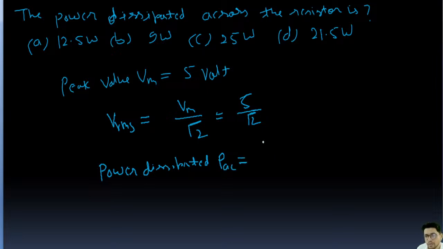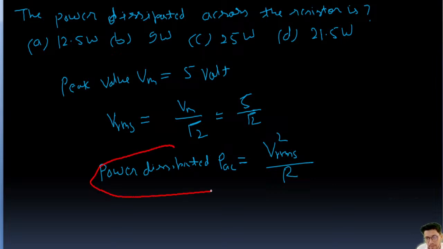This is going to be Vrms square upon R. This is the formula for power dissipated, you need to note it down.